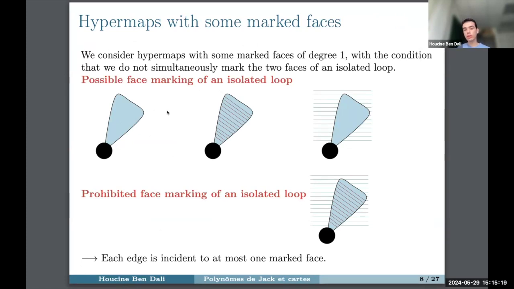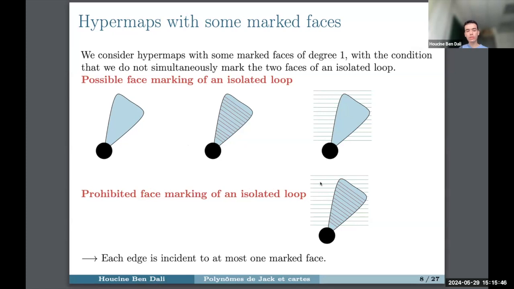If we try to mark faces, a priori we have 4 ways to mark these faces. For the plus face, we can decide to mark it or not, and for the minus face, we can decide to mark it or not. Except that we prohibit one of the cases, the last one, where we mark the two faces. So at the end, we have 3 cases which are allowed, and the 4th one is prohibited.